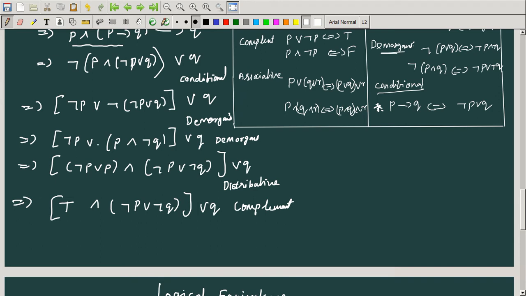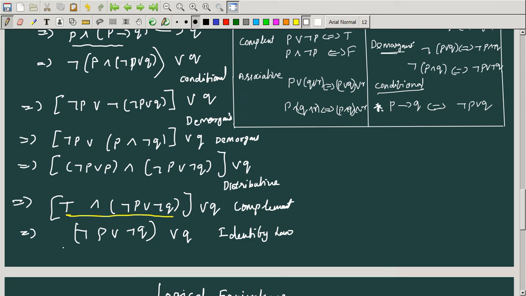This is called the complement law. Then I apply the identity law: as per the identity law, this becomes negation P or negation Q, or Q. Here I applied the identity law.